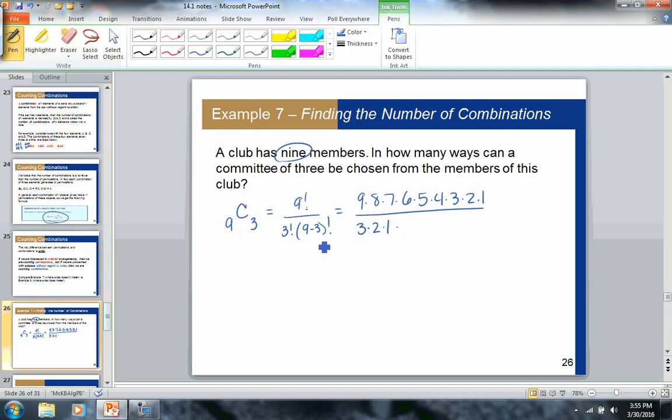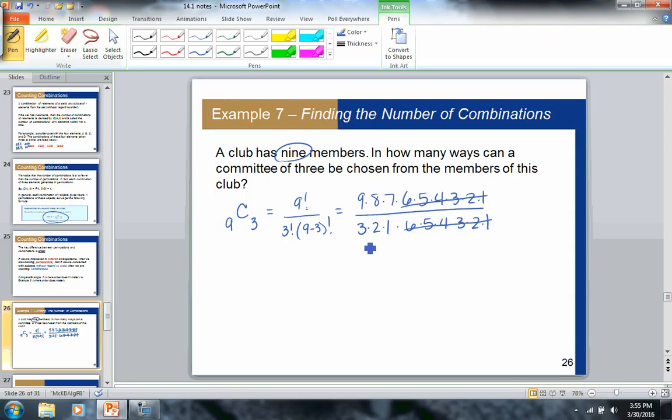And then 9 minus 3, that's 6. So that's 6, 5, 4, 3, 2, 1. So previously, when we were doing this problem with a permutation, we just crossed off the 6, 5, 4, 3, 2, 1 from both of them. But now this 3 times 2 times 1, when we divide by that, that gets rid of all the repetition.